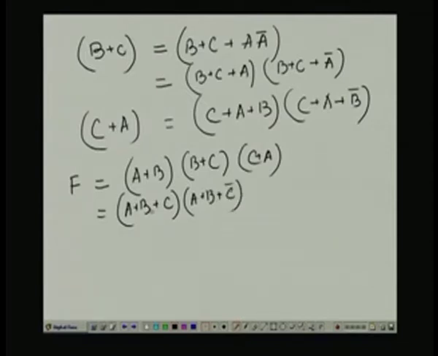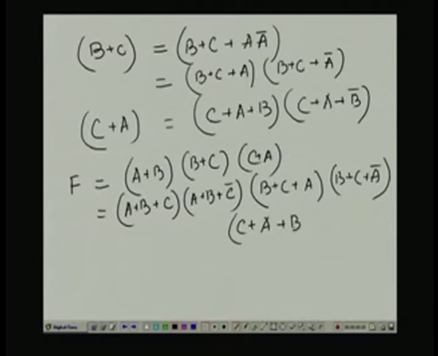This is for the first term. For the second term, (B + C + A)(B + C + A'). For the third term, (C + A + B)(C + A + B'). Now, see here: A plus B plus C appears repeatedly. So, x dot x equals x itself, from the basic postulates.